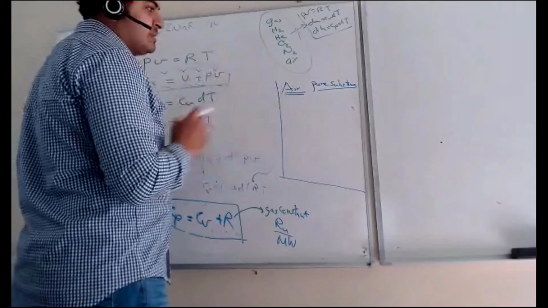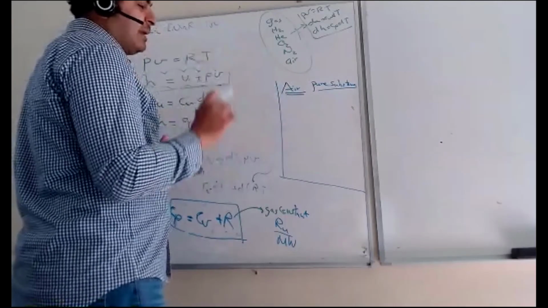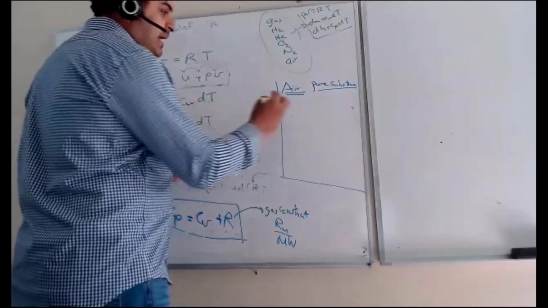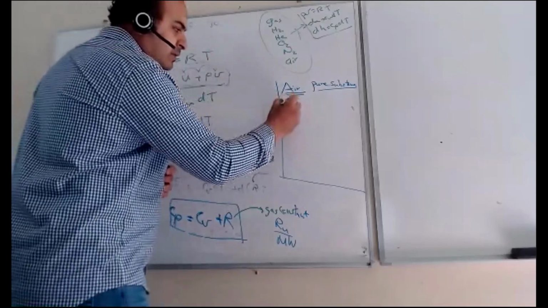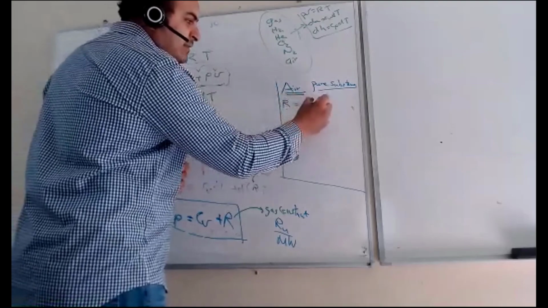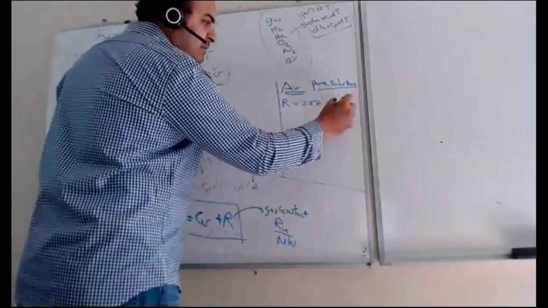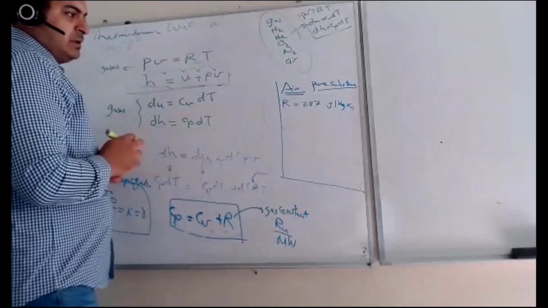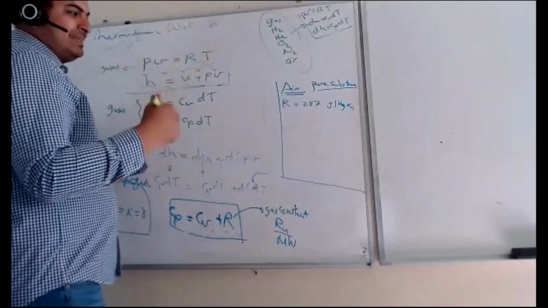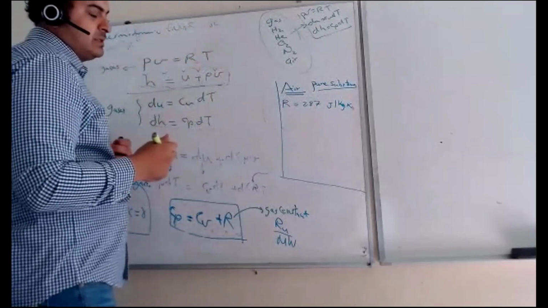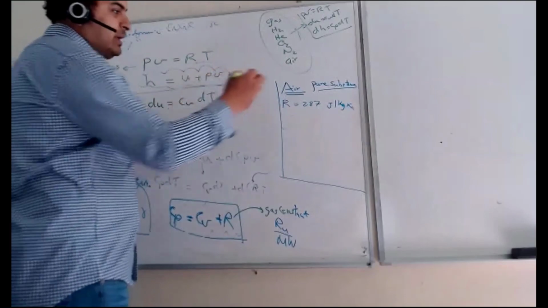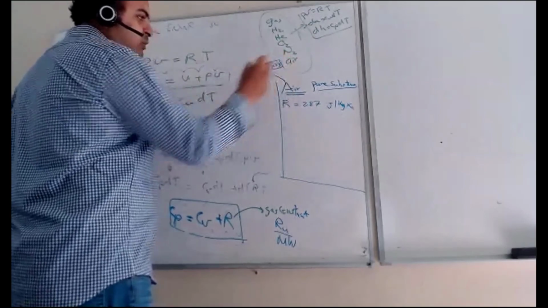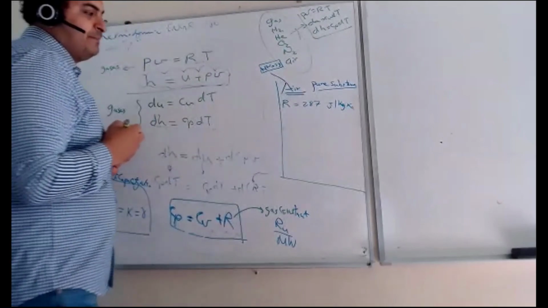It does not change its chemical composition. It has R equal 287 joule per kilogram Kelvin. This is called the gas constant. R universal over the molecular weight of air gives the gas constant. Go to table A1, molecular weight is 29.